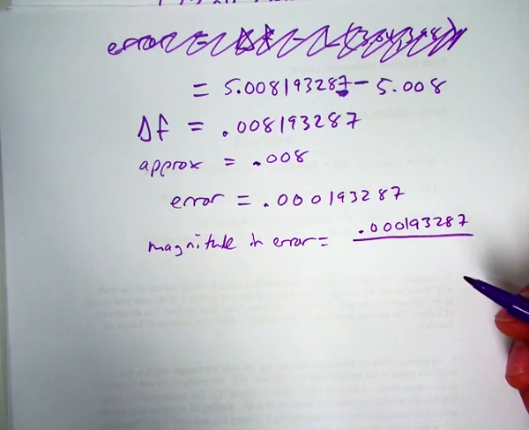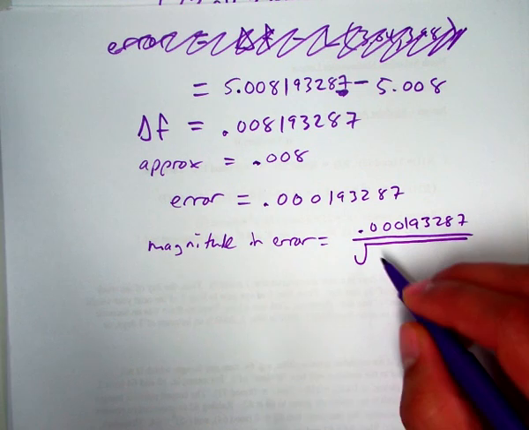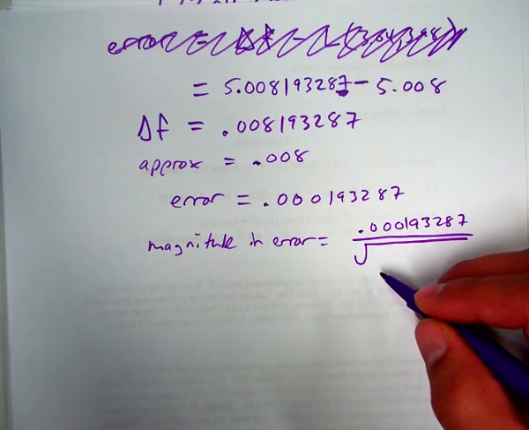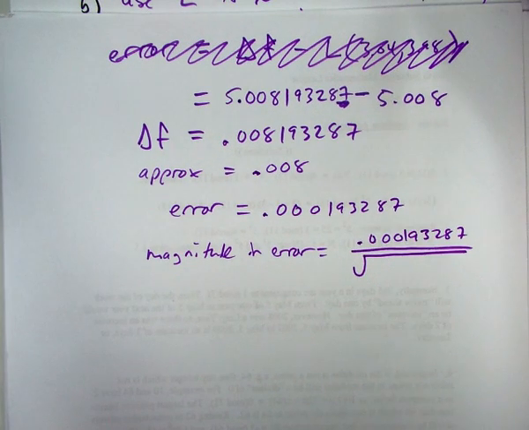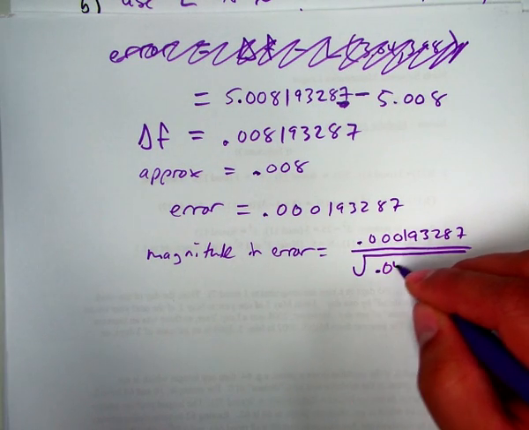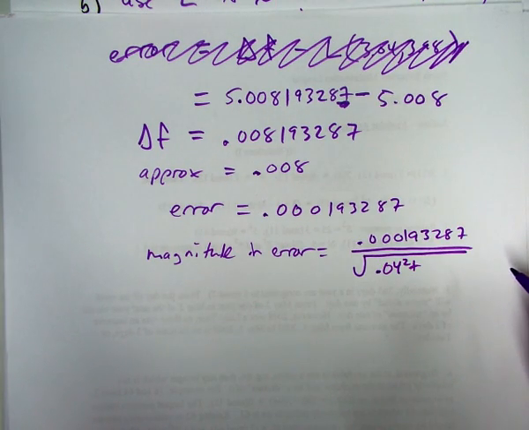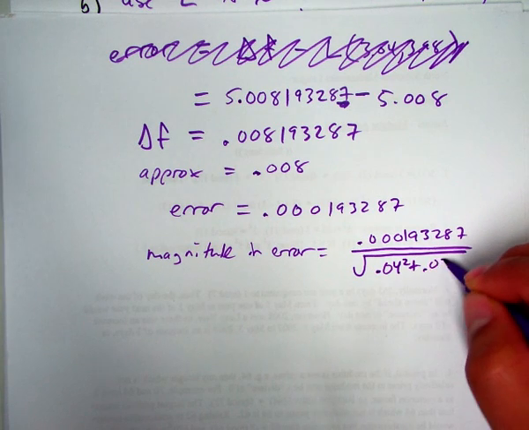That's not a nice triple, but it'll be calculated by doing the square root of 0.04 squared plus 0.02 squared.